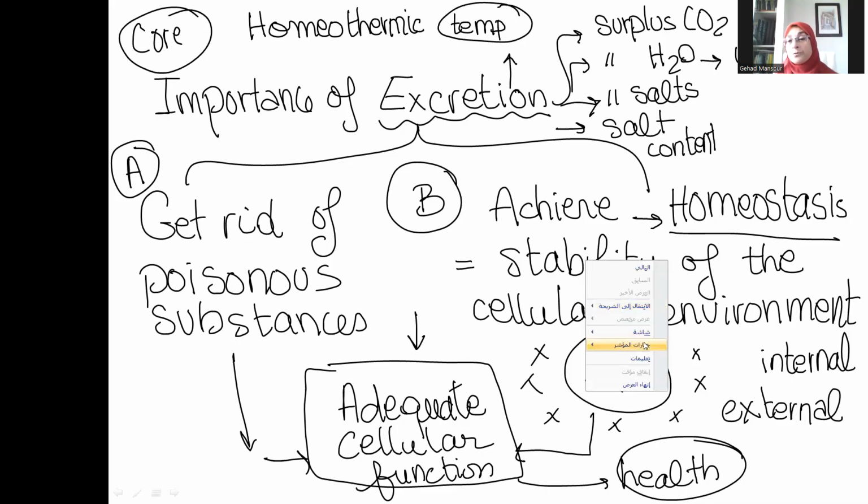Now we move on to the next step, which is how are we going to excrete carbon dioxide and water? Of course, our urinary system, the system we are studying today, includes two kidneys, and the kidneys are major organs for excretion of water.